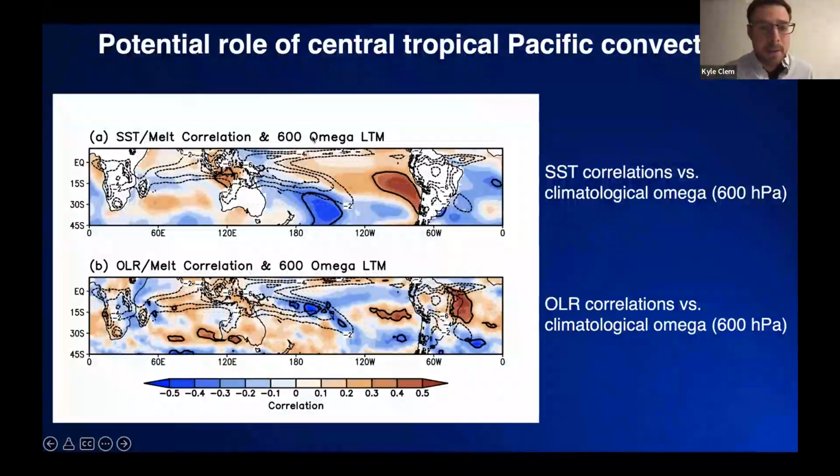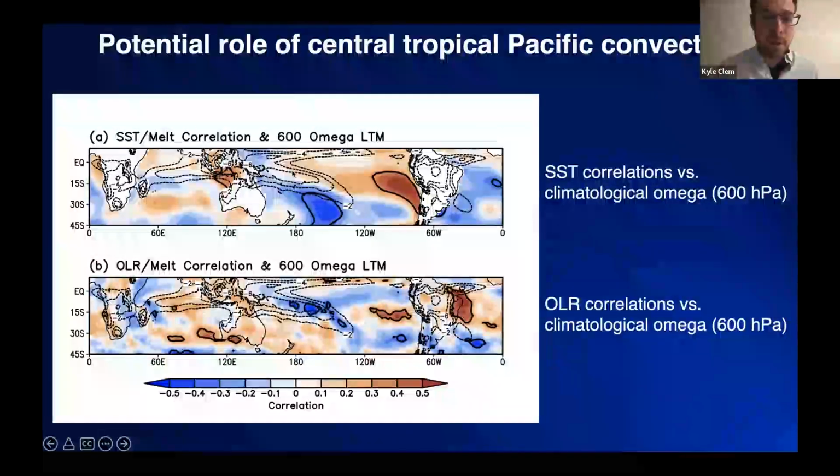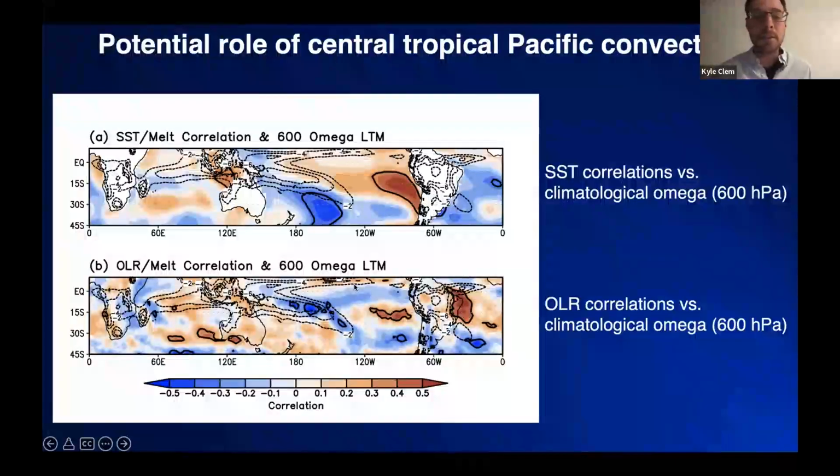And so contoured here are the negative omega climatologies for the austral summer season, which are areas of large-scale ascent, overlapped with the SST and OLR correlations with Larsen sea surface melt. So these significant sea surface temperature correlations do not lie within an area of climatological ascent.